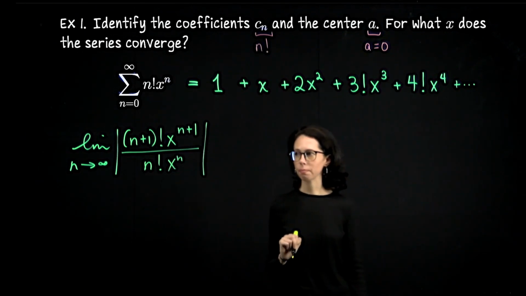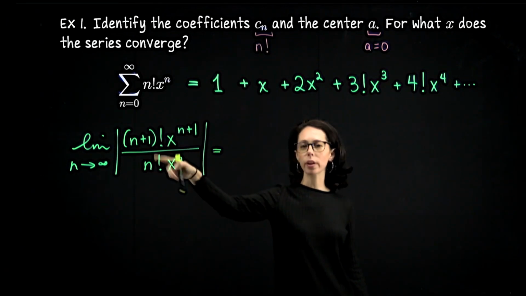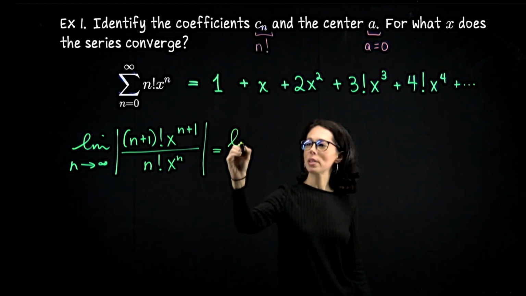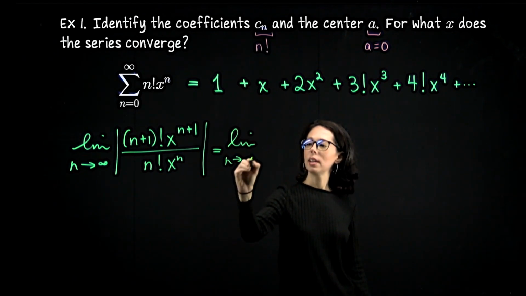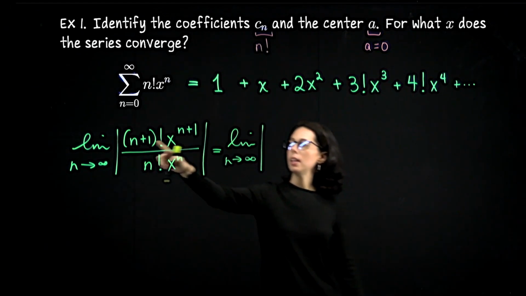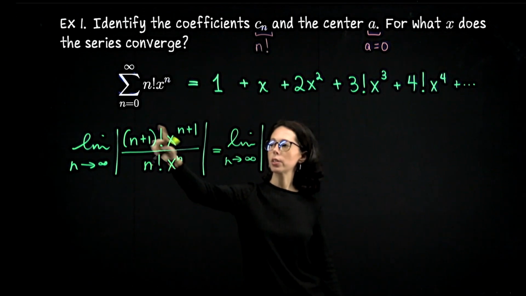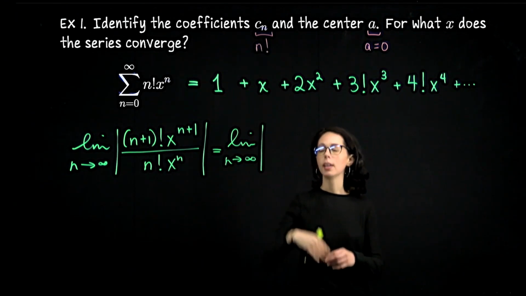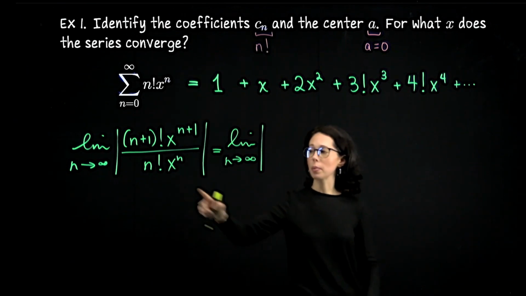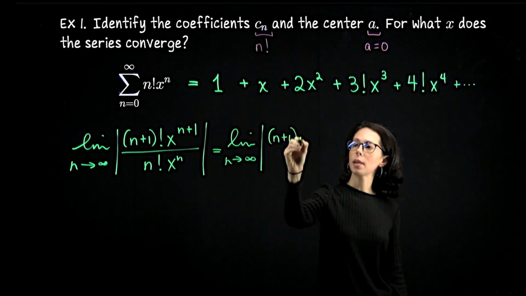Okay, so let's simplify this. Factorial, you always look for a way to simplify that when you're doing the ratio test. So in particular, what I'm going to do is take that expression in the numerator and write that as n plus 1 times n factorial. Because if you start to expand this, it's going to look like n plus 1 times n times n minus 1 times n minus 2. But everything after that first term can be summarized as just n factorial. So n plus 1 times n factorial.